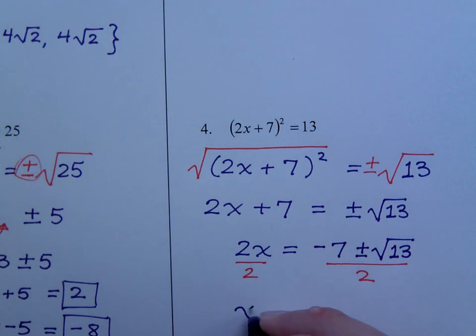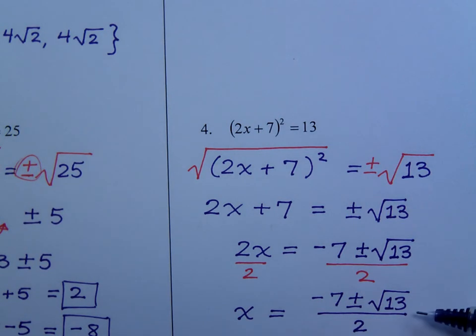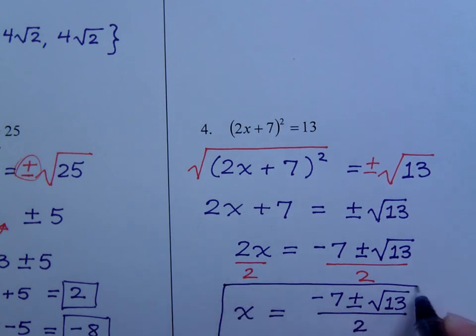And there you have it. x is equal to negative 7 plus or minus the square root of 13 all over 2. Now you could try to simplify this, but there's nothing more that you can do. And when it does come to simplifying, you can only simplify common factors that are common to all three of these terms.